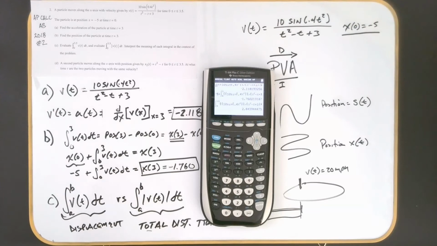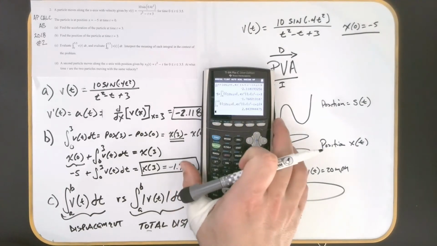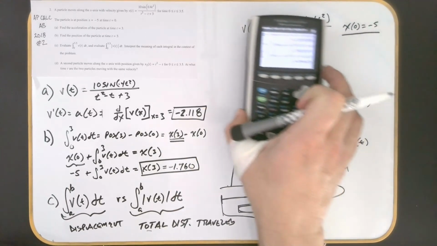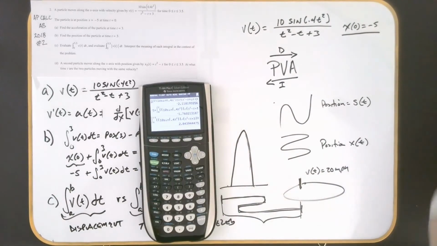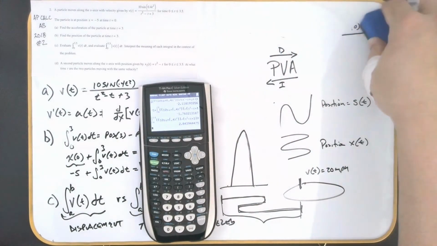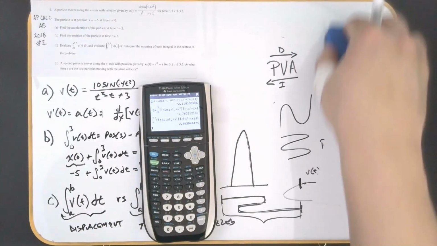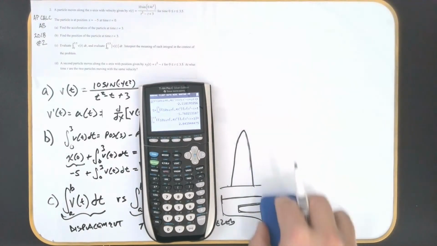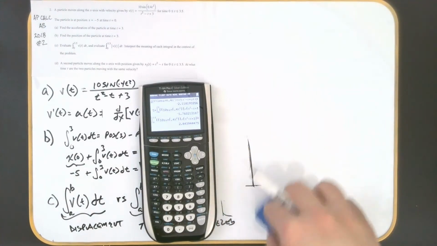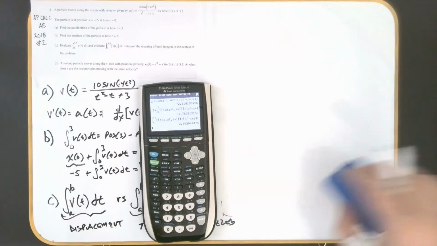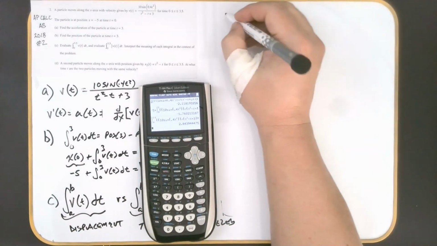And our answer there is 2.843, or 44 rounded. Let's give ourselves some space over here. This will be C continued.